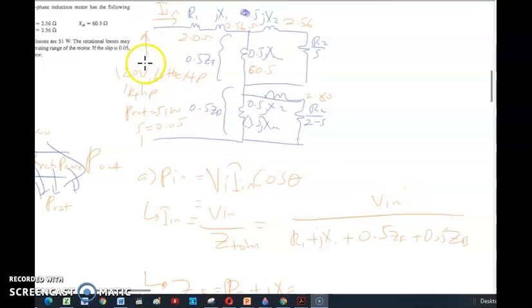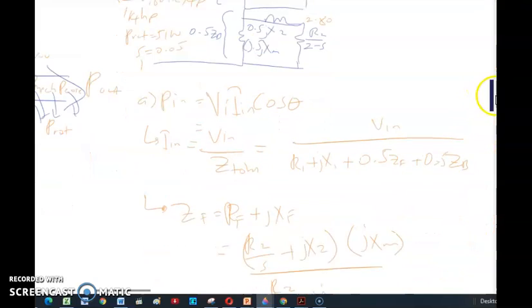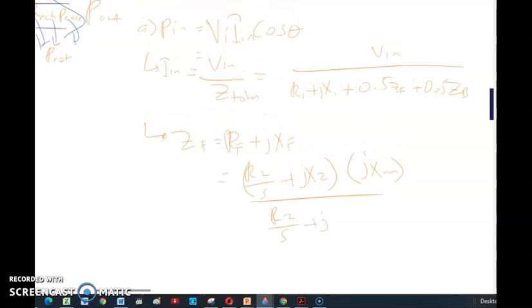V in is provided as 120 volt, but the impedance Z we have to calculate. Z is R1 plus jX1 plus half of Z forward and half of Z backward. So 0.5 Z forward plus 0.5 Z backward is the total impedance between the terminals.